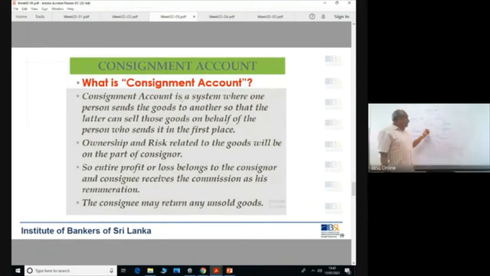He is requesting this party, the importer, to sell the goods on behalf of him, and then send the proceeds.